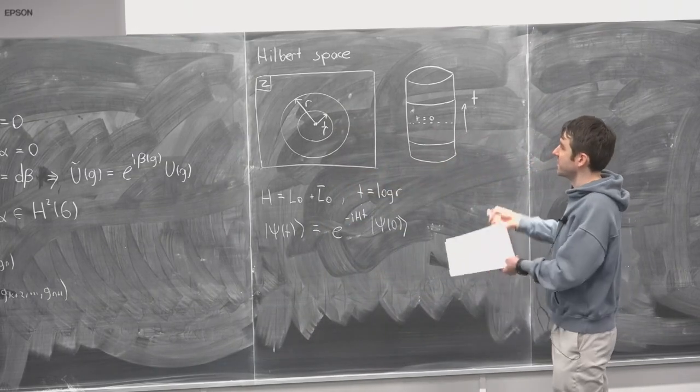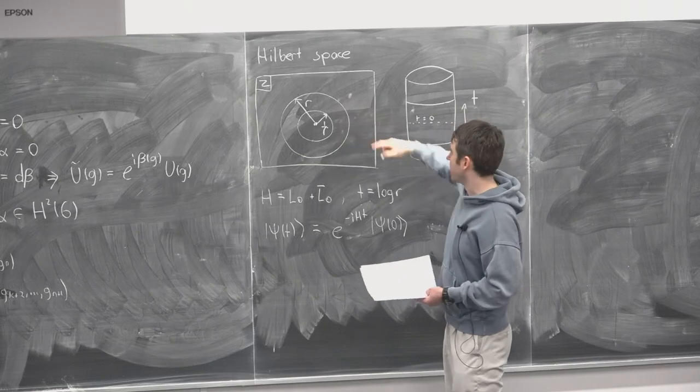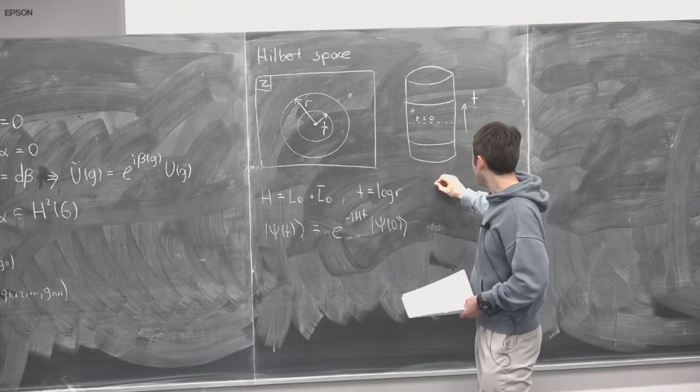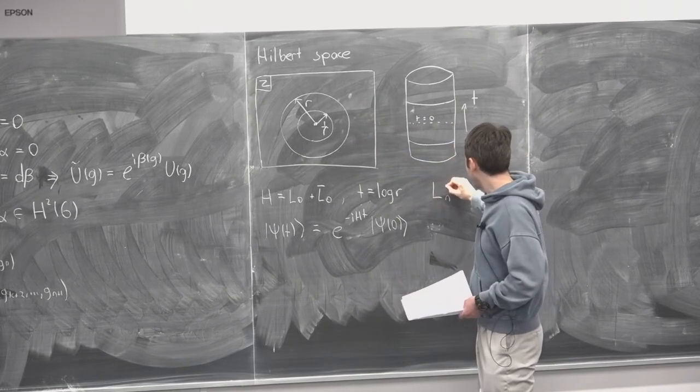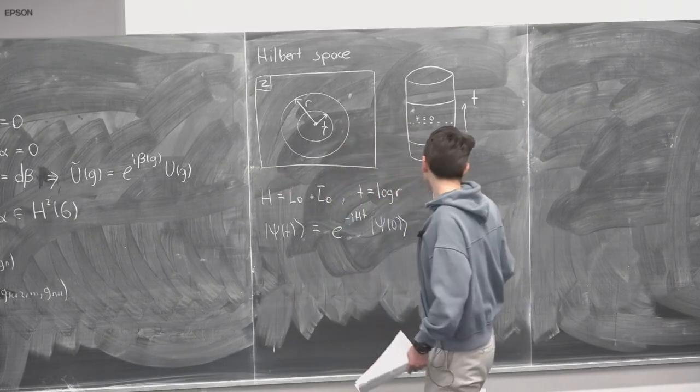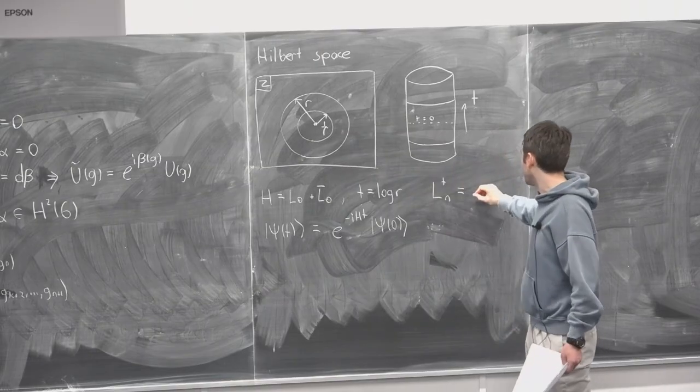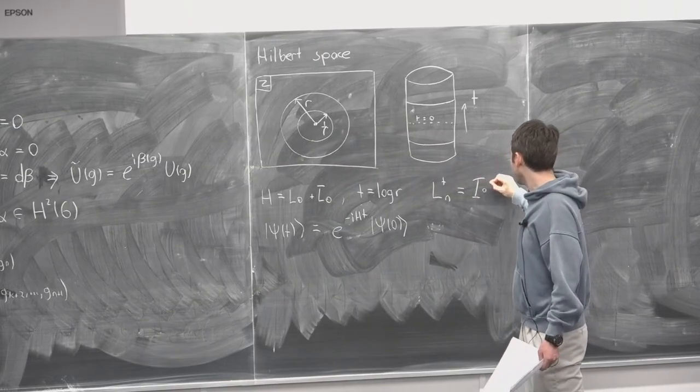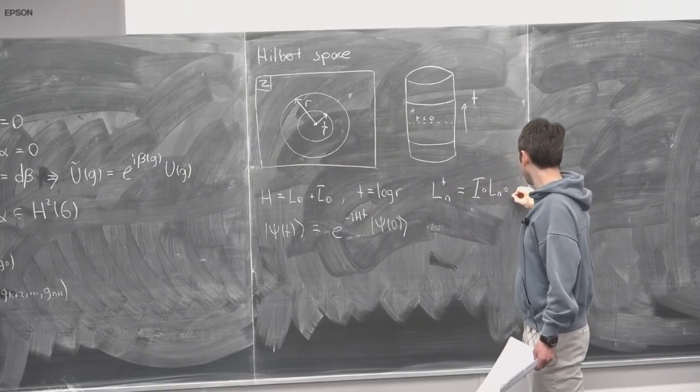And all this is to say that if you quantize the theory in this way, then we can figure out what the Hermitian conjugate of a generator Ln has to be. It has to be Ln conjugated by 2 inversions.